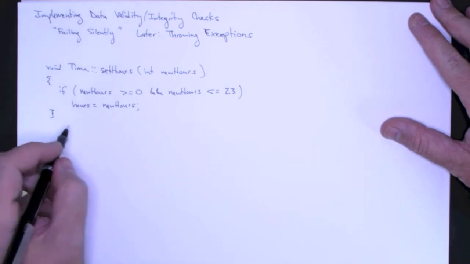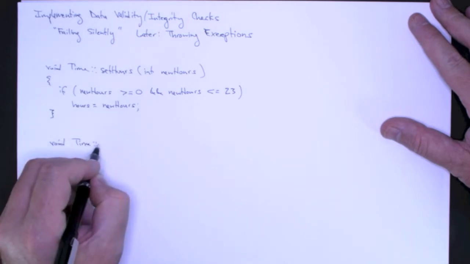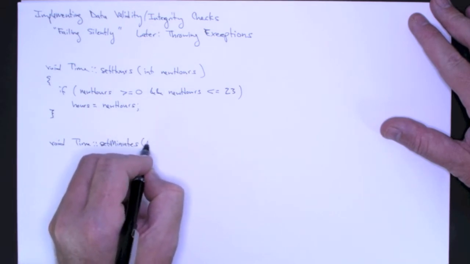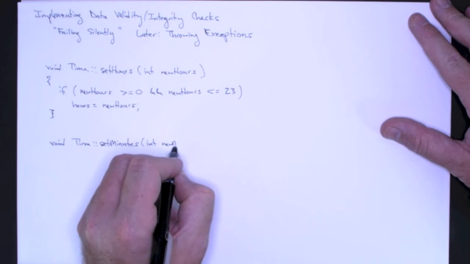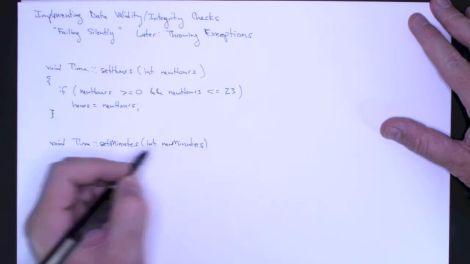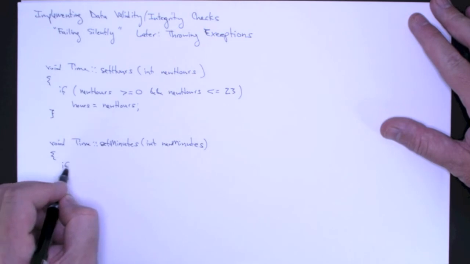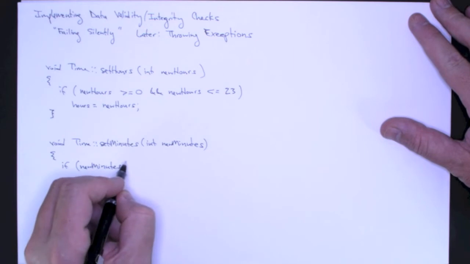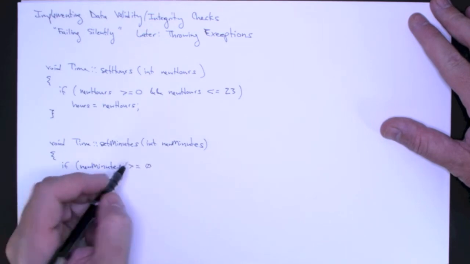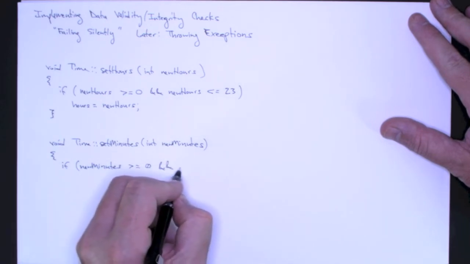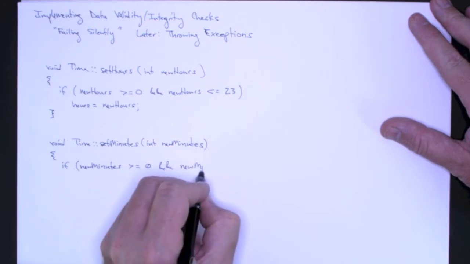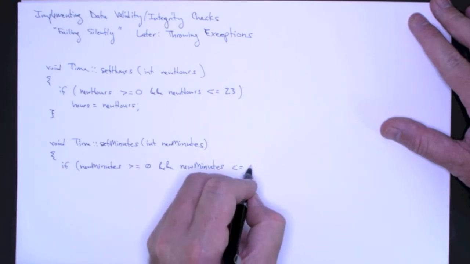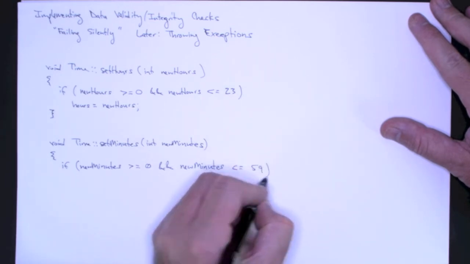I'm going to do the same thing with set minutes. Well, new minutes has to be greater than or equal to 0, and it has to be less than or equal to 59.